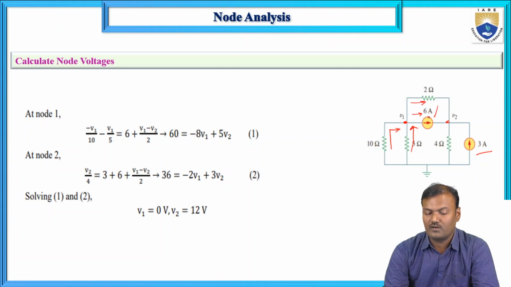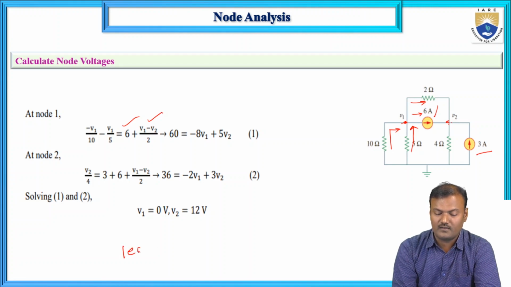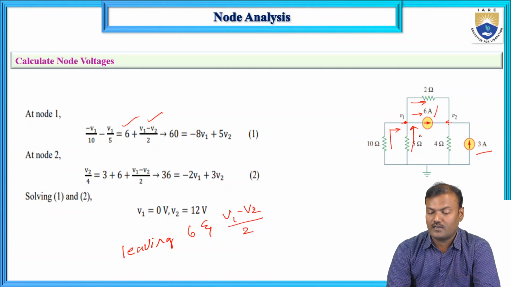The two leaving currents are 6 amperes and V1 minus V2 divided by 2 amperes, and the entering currents are 0 minus V1 divided by 10, similarly 0 minus V1 divided by 5.